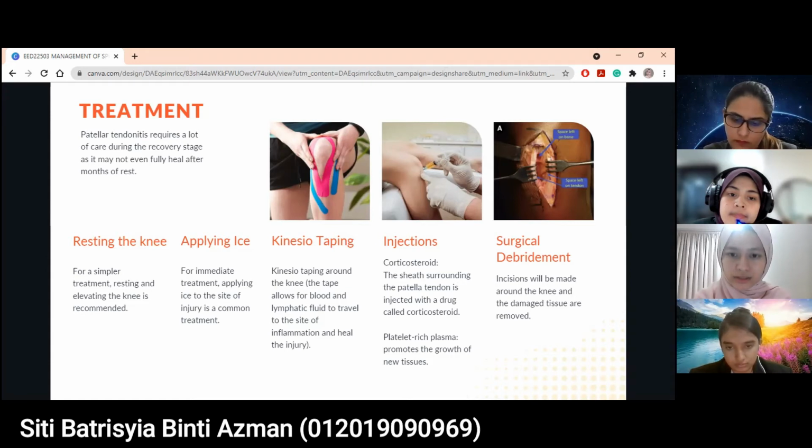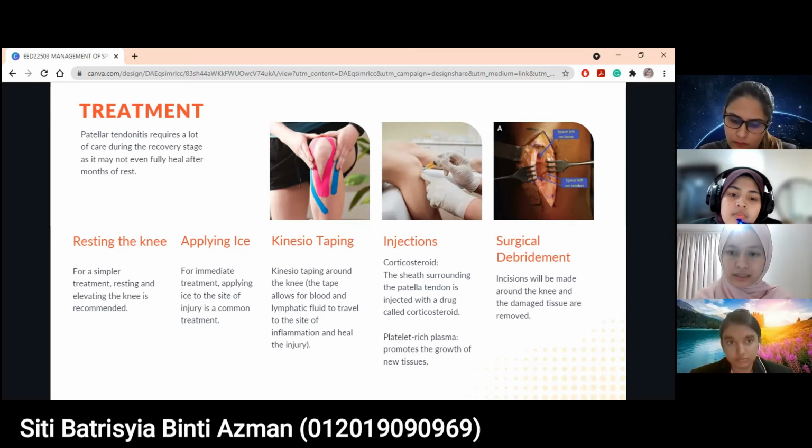There are corticosteroid injections, where the sheath surrounding the patellar tendon is injected with a drug called corticosteroid. This is known for pain relief, but it also has negative side effects as it causes the tendon to further deteriorate. The second type of injection is platelet-rich plasma. This type of injection promotes the growth of new tissue and thus fixes the patellar tendon.